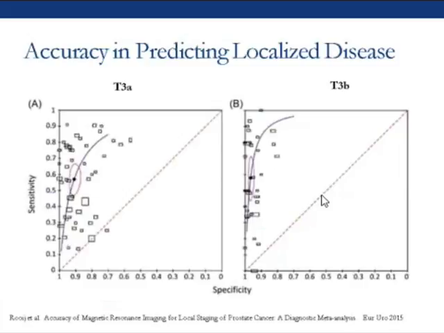Can I ask a question? How does that account for whether or not you had a recent biopsy? So these were all based on histologic pathology. Is that what you're asking? Well, if you had a biopsy prior to the MRI, how does that confound the specificity?